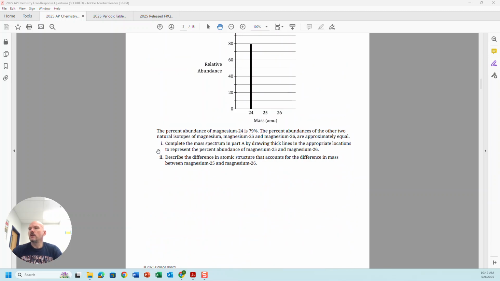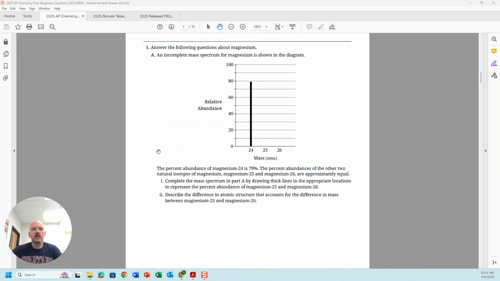Okay, so overall, I thought it was a pretty straightforward test. I didn't think there were any kind of trick questions, any gotcha questions, anything like that. There was a Q, Ksp question if you're trying to find the precipitate, and they kind of walked you through it.